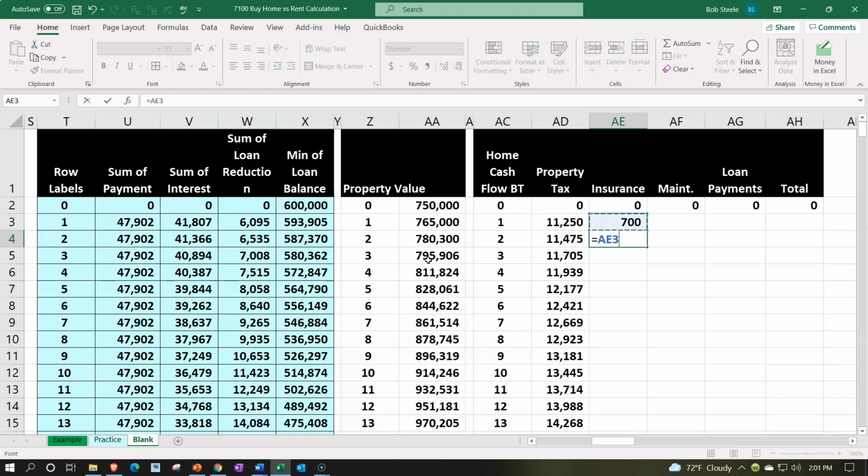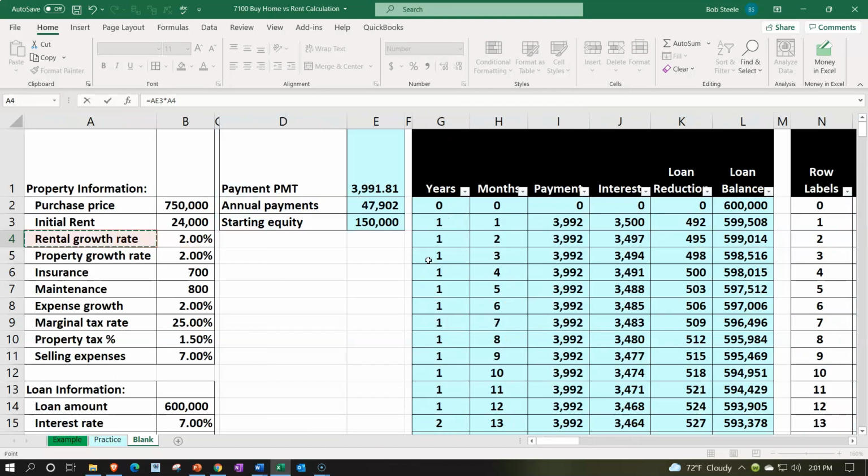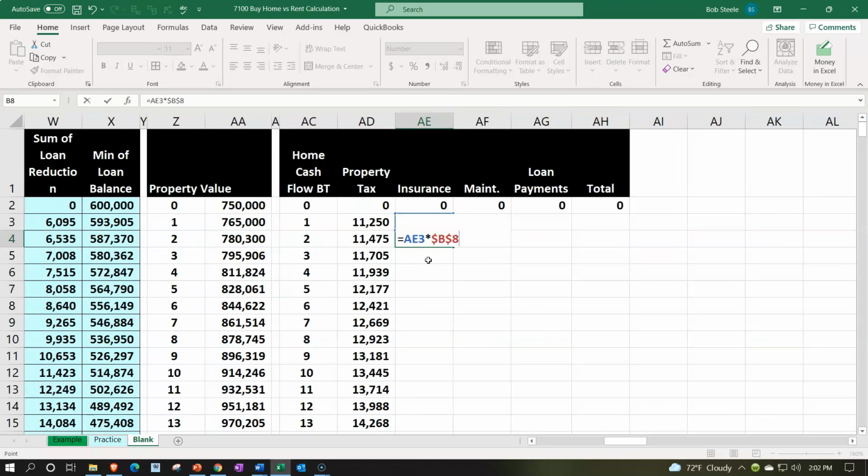So I'm going to say the 700 times, scrolling back over here, we're going to pick up the expense growth of 2%. We used, in essence, the growth of 2% across the board. They don't have to be the same. It might not be all the same because of inflation, but we're going to use basically the same number for the growth rates across the board, in essence, saying it's due to inflation.